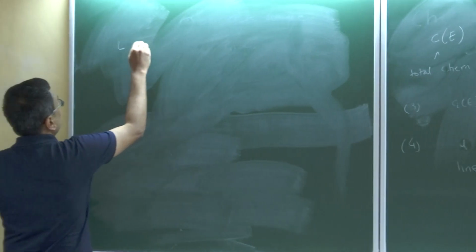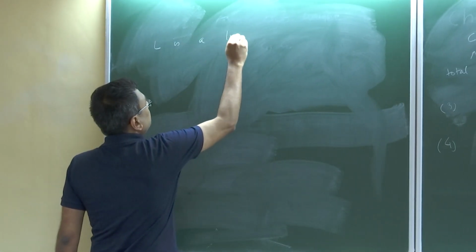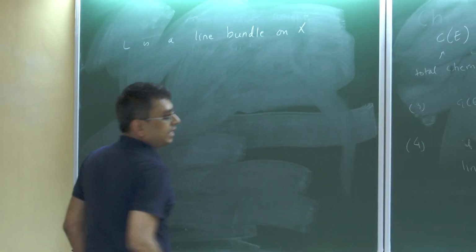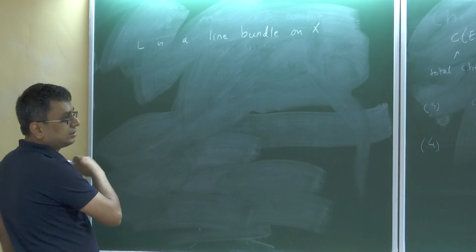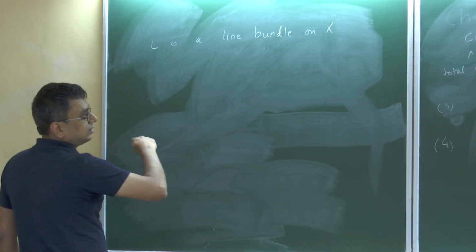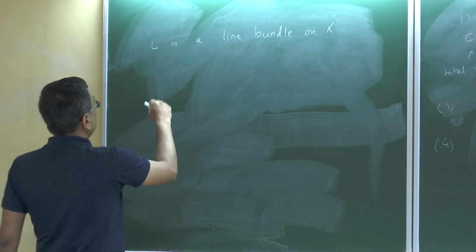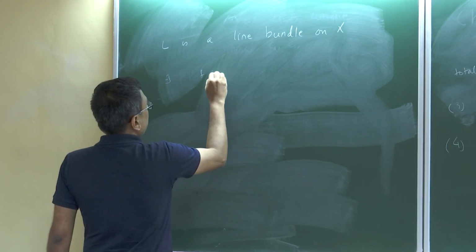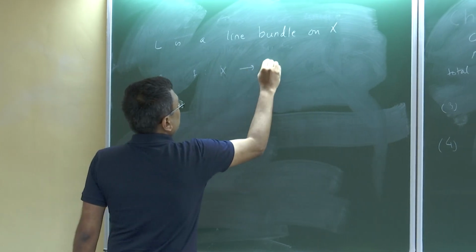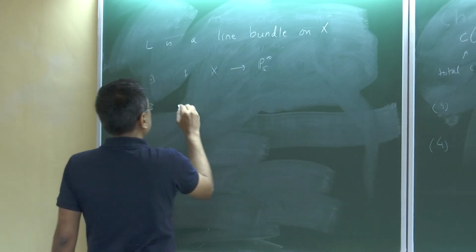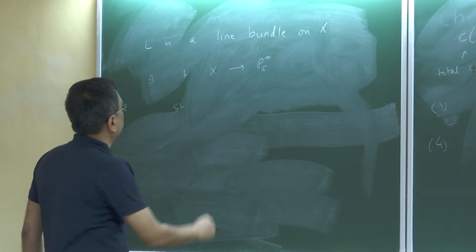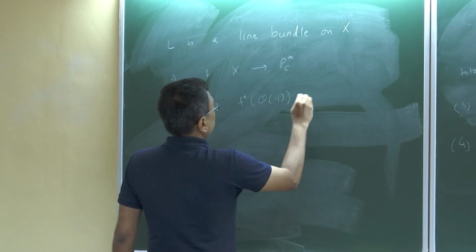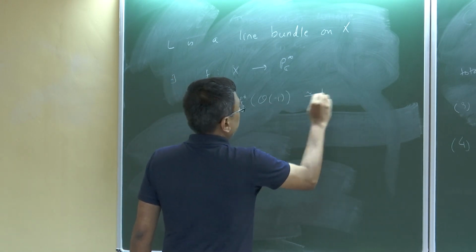If L is a line bundle on X, then because of that first result, that P infinity C is a classifying space, there exists a map F from X to P infinity C such that the pullback of O minus 1, this tautological bundle, is isomorphic to L.